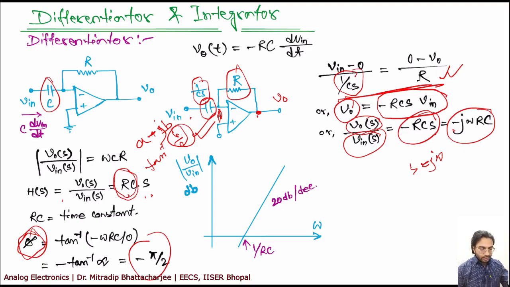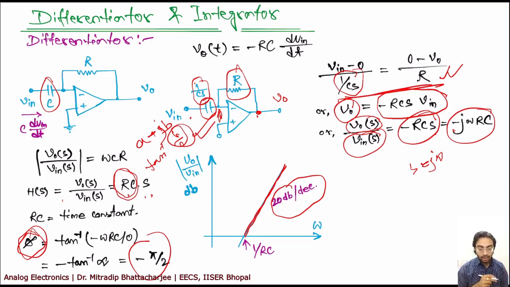So you have a differentiator circuit where if you plot the Bode plot, you will find that you have a 0, a straight line with 20 dB per decade, that we already have discussed previously, right? If you have a 0, it goes upward at a rate of 20 dB per decade.